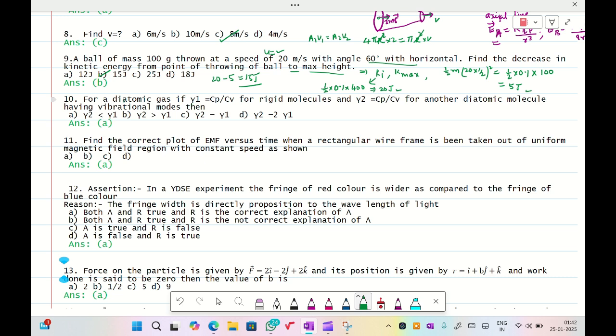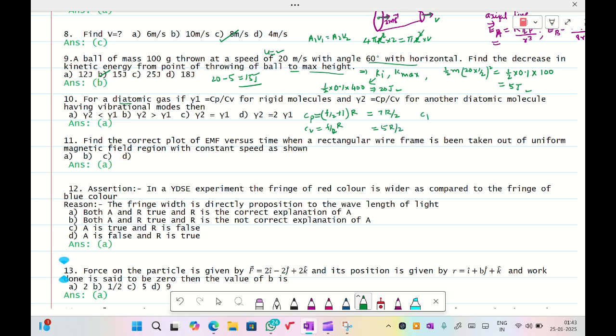And here for diatomic gas, f by 2 plus 1 into R is the Cp value, where f is the number of degrees of freedom. Cp is f by 2 plus 1 into R, and Cv is equal to f by 2 into R. So substituting the number of freedoms, for diatomic gas with 5 freedoms, Cp is 7R by 2 and Cv is 5R by 2.